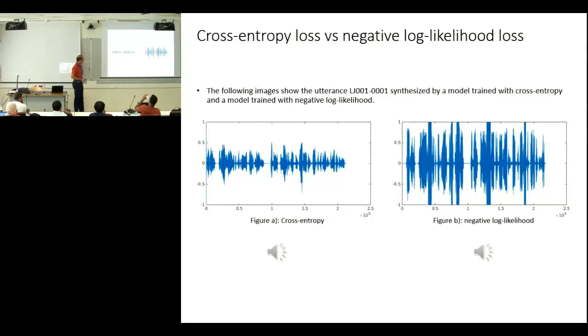Here I train a network with cross entropy, and the training is stable, and I train with negative log likelihood and the Gaussian output distribution, and the training is unstable.